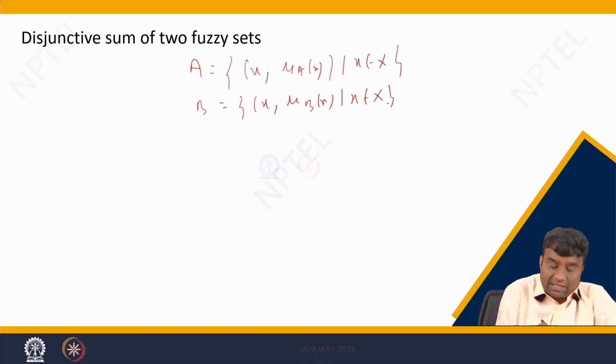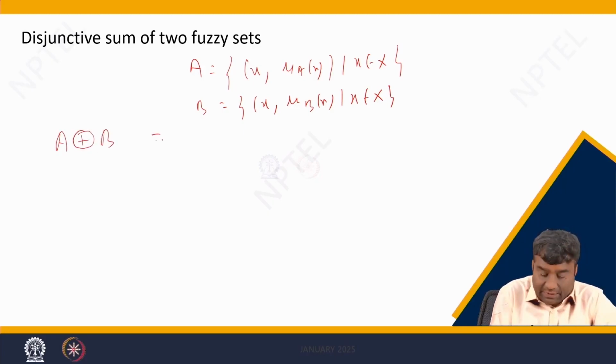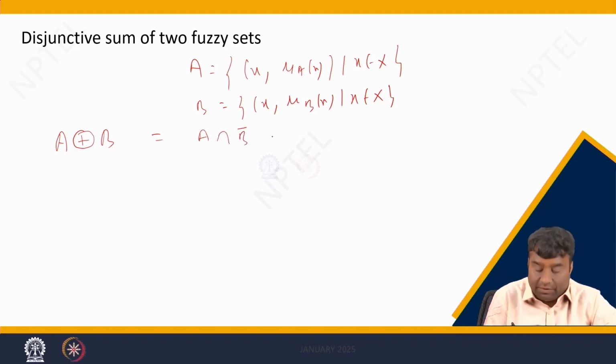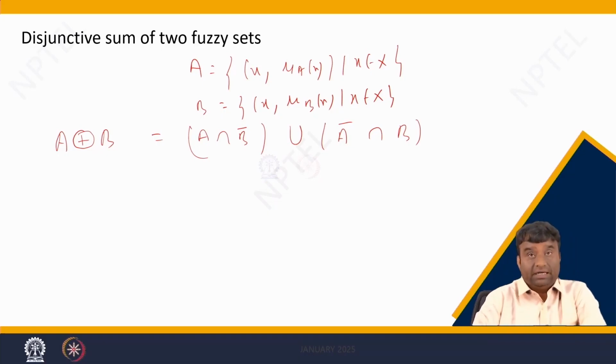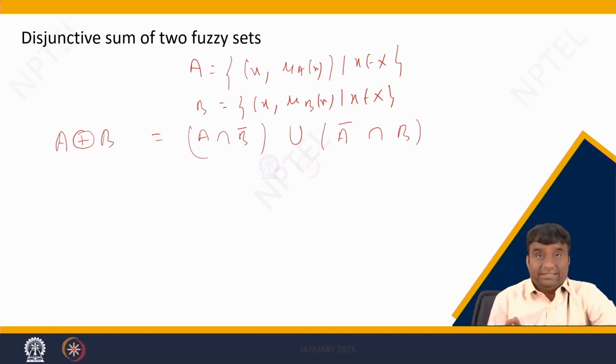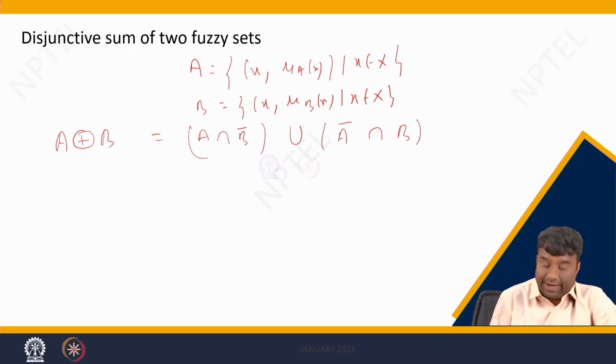The disjunctive sum is denoted A plus B, which is A intersection B complement union A complement intersection B. So the disjunctive sum is denoted like that. Let's consider one example to find the disjunctive sum of two fuzzy sets A and B.